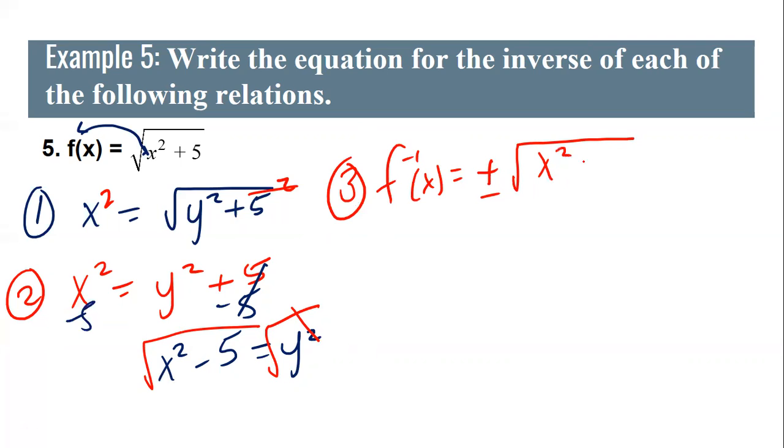It creates a plus or minus, square root of x squared minus 5. Okay, so again, this is a relation. Is it a function? No. What prevents it from being a function is that plus or minus guy, right?